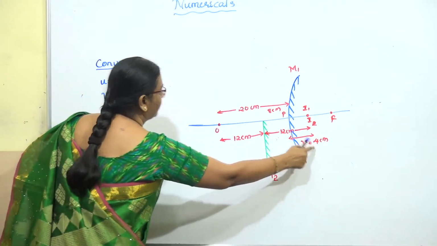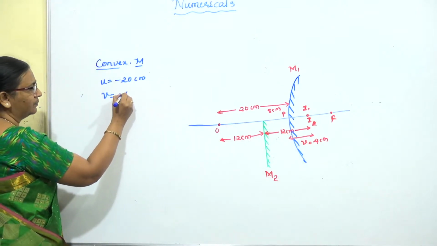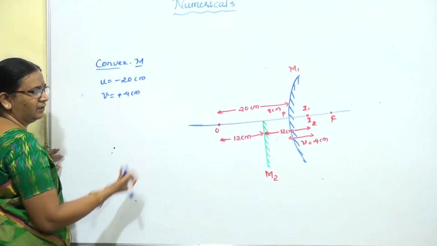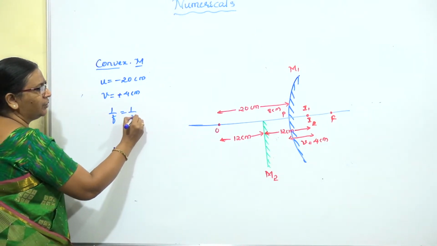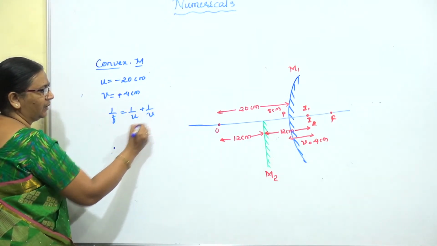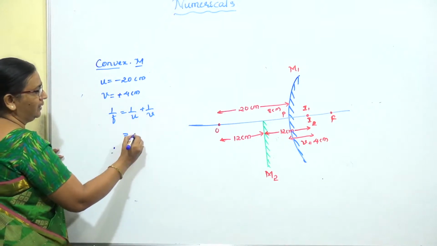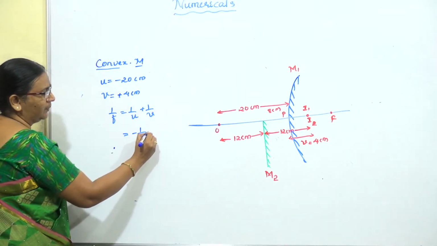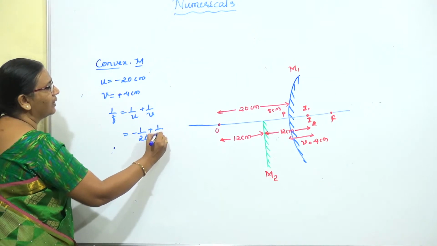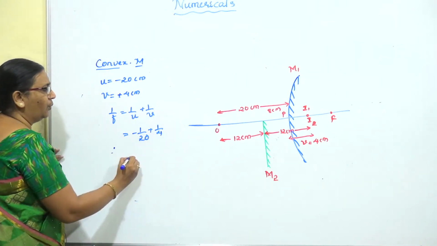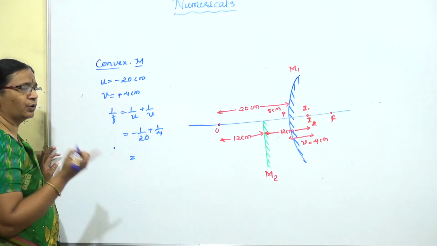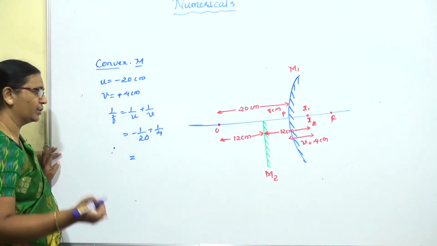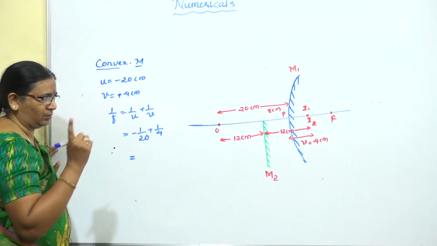V we got as plus 4, children. So easy to find, 1 by F equal to what? 1 by U plus 1 by V. So 1 by minus 20 plus 1 by 4. What you are expecting is the result should be positive because the focal length of a convex mirror is positive. Keep that in mind.